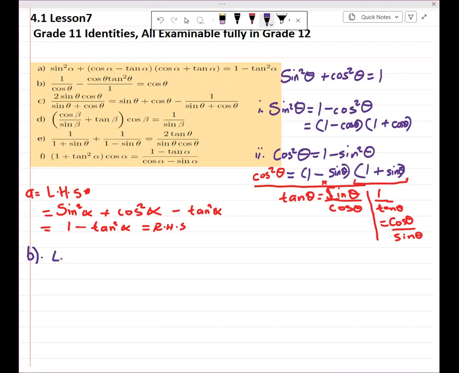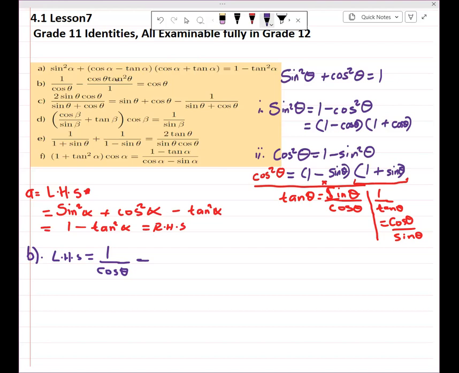I'm taking the left-hand side again. So this part here still remains the same. It's 1 over cos theta, right? Then I have minus, cos. This one is an identity. It's sine over cos, you see?